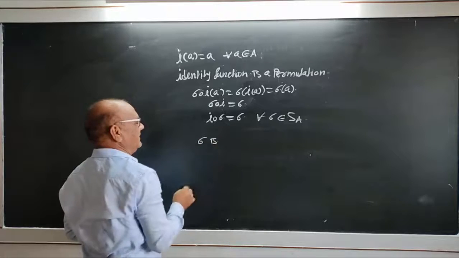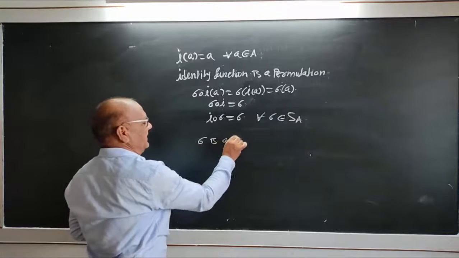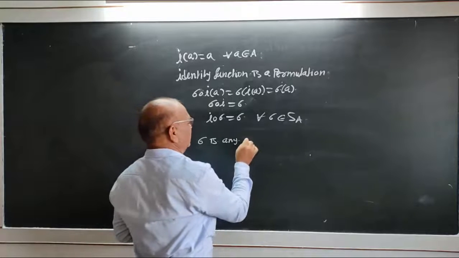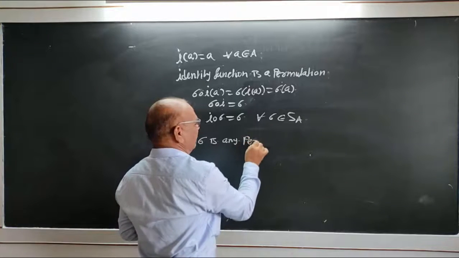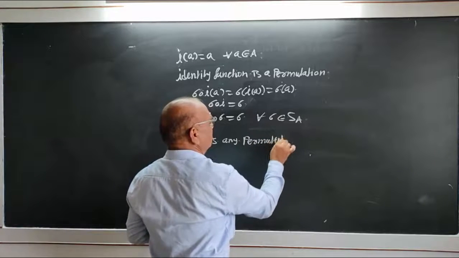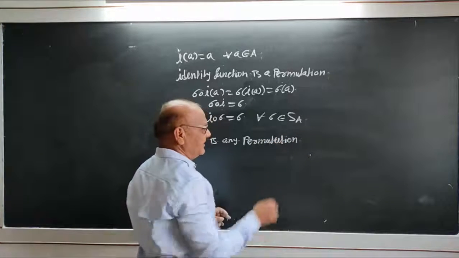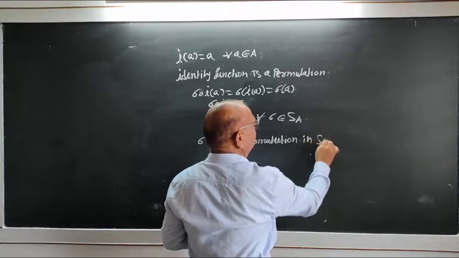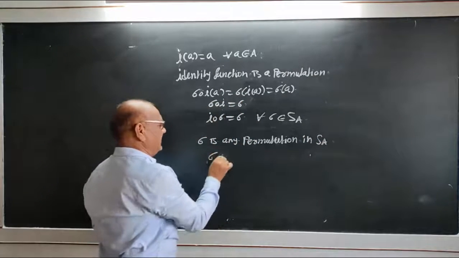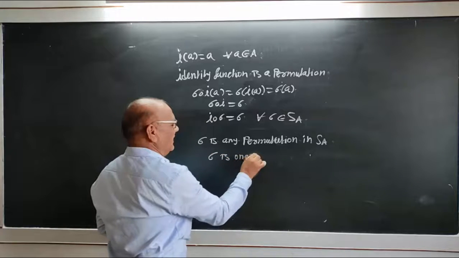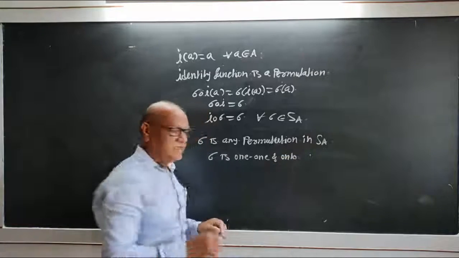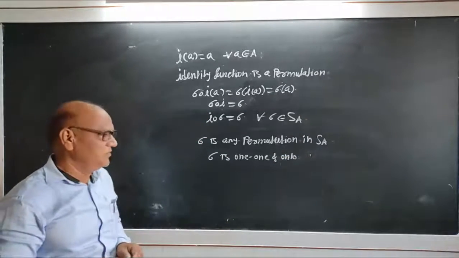Now sigma is any permutation in SA. Sigma is 1-1 and onto.